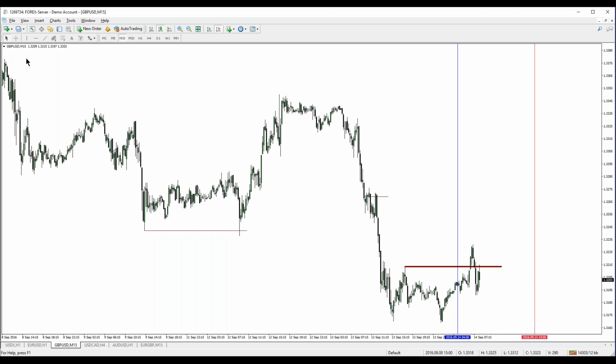So this could be a short in here from 132 big figure.